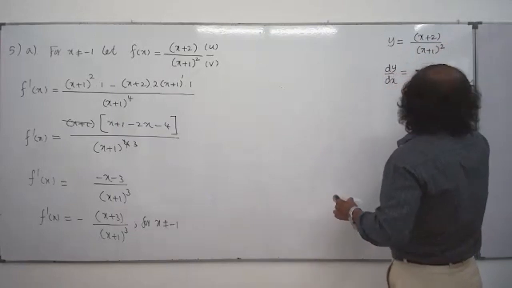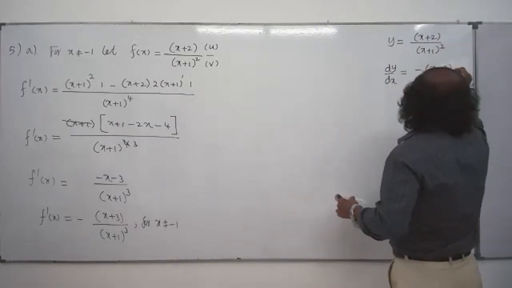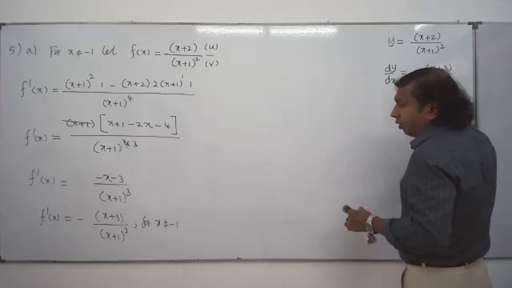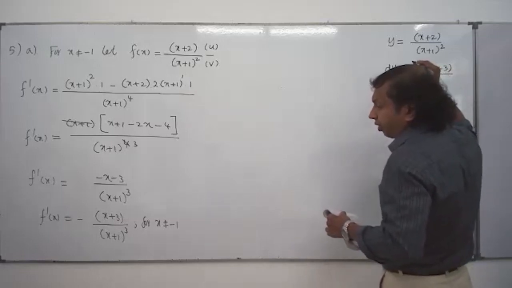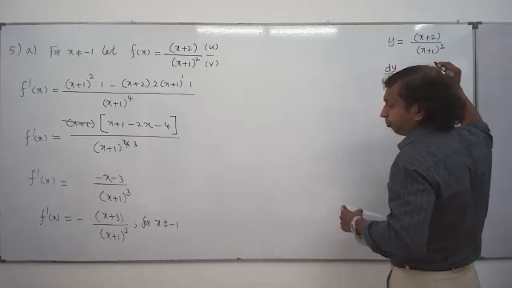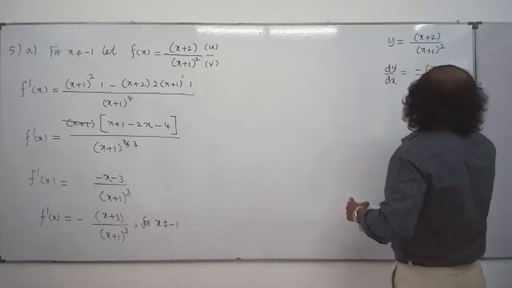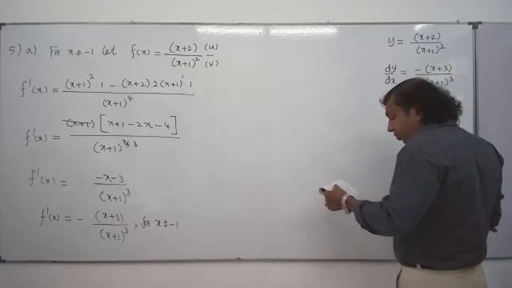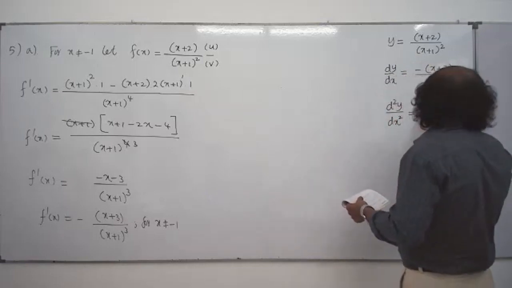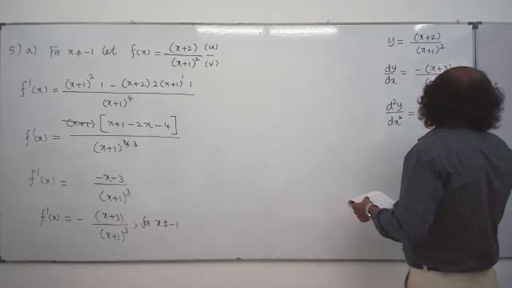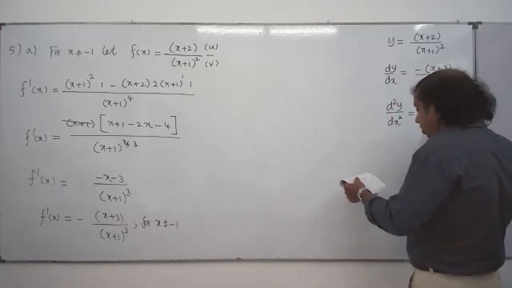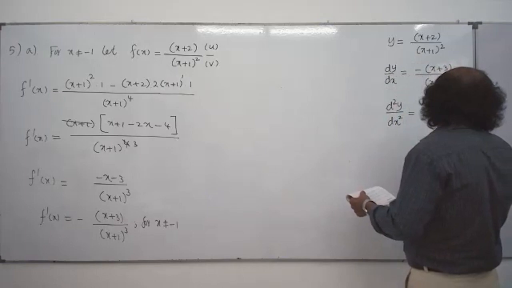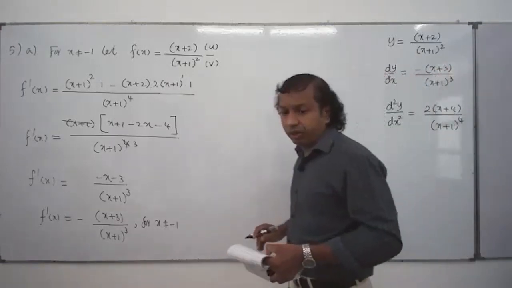Dy by dx just now we found: minus (x plus 3) divided by (x plus 1) cube, right? Second derivative also given to us. F double dash x means second derivative, given as 2 times (x plus 4) divided by (x plus 1) to the power 4. This we are given, the second derivative.